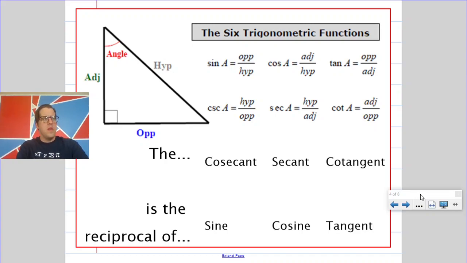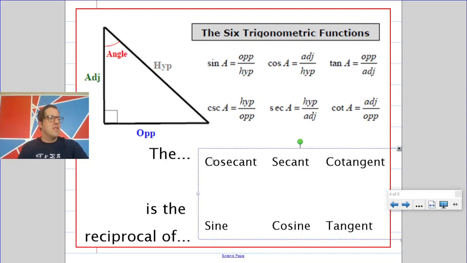Now, one thing that I find useful for remembering the pairs is that each pair has a c in it. So the cosecant and sine has one that starts with c and one that doesn't. The secant and the cosine has one that starts with c and one that doesn't.